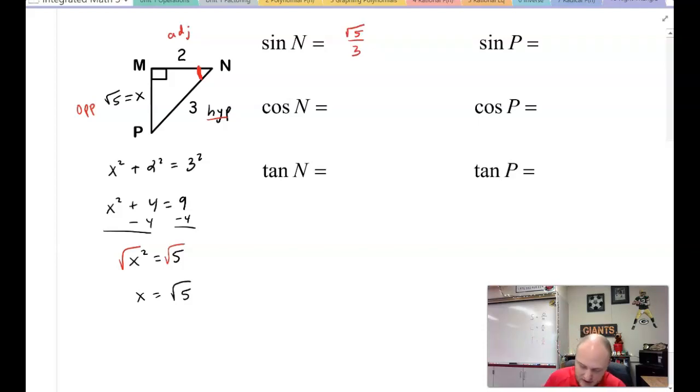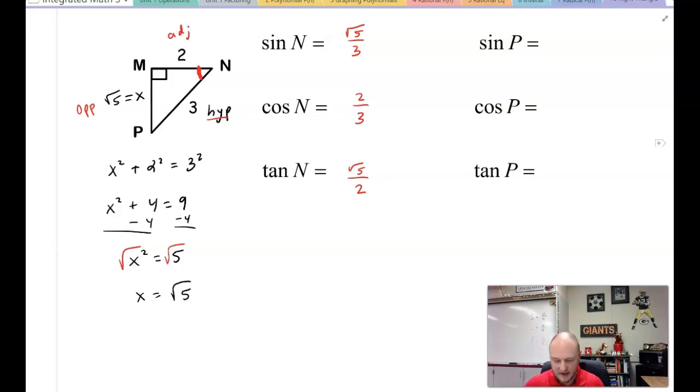Cosine of n is adjacent over hypotenuse, 2/3. And then tangent of n, tangent is opposite over adjacent. So this is square root of 5 over 2. Not too bad, right?